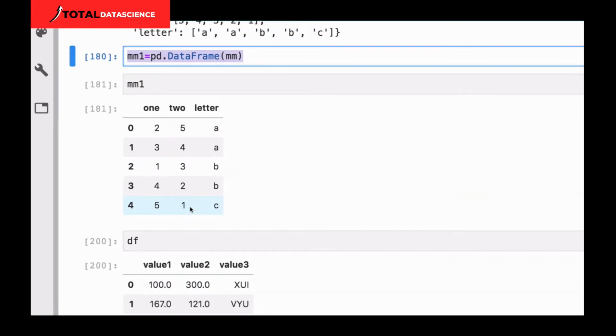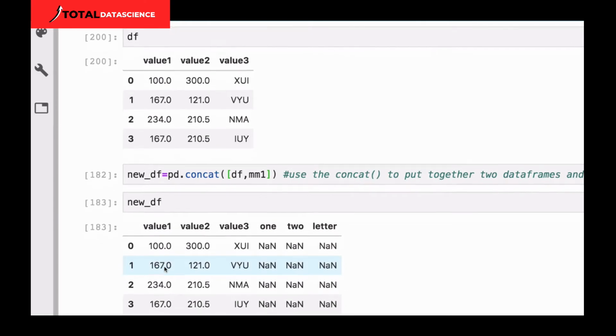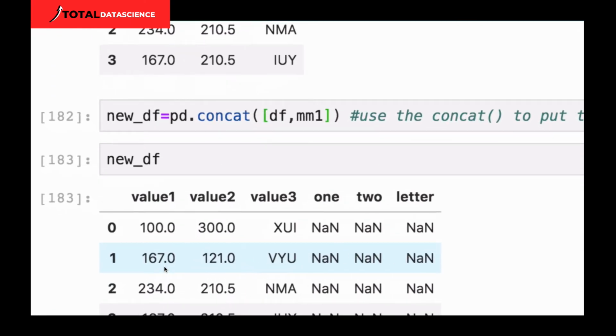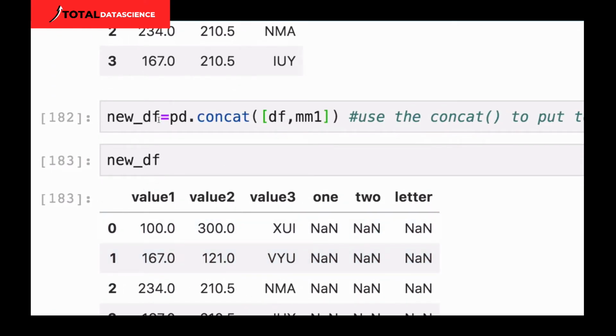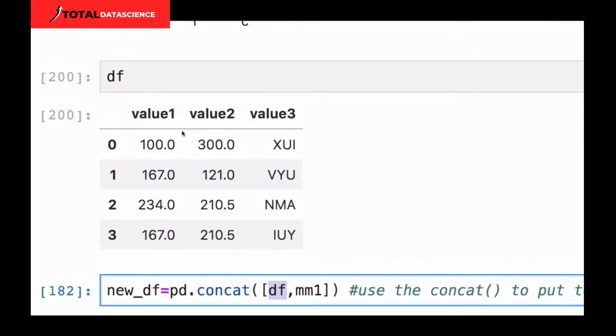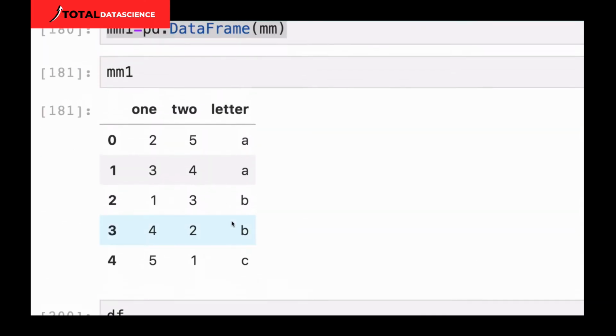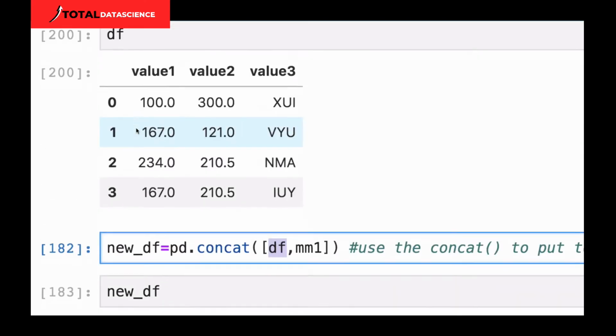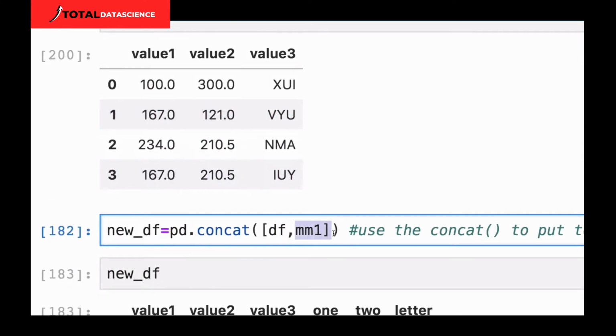So what I'm going to do is combine these two. I'm going to concatenate this M1 and the df, just to put them together. I'm creating a new variable, which is my new df. My new df is going to contain the original df and also this M1.